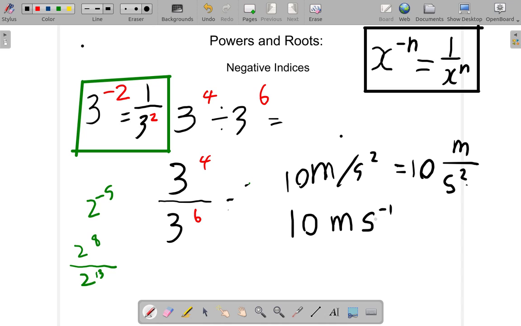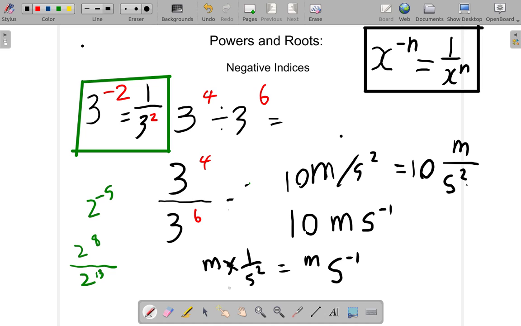See that? m over s squared is equal to m s to the negative 1. Because guess what? m divided by s squared is the same as m multiplied by 1 over s squared. When you divide by a number, it's the same as multiplying by 1 over the number.